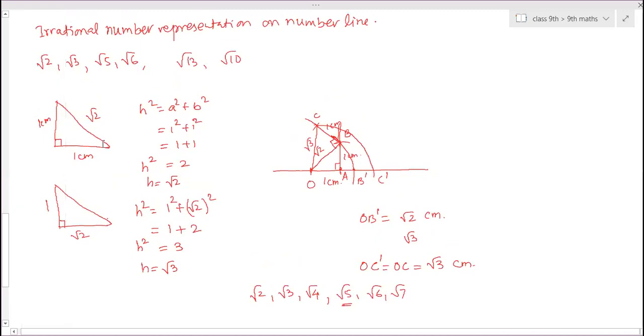Now, if you increase this to 2 centimeters base and 2 centimeters height, 2 square is 4 plus 4, you will get root 8, not root 2. Is it clear? Yes, ma'am. And if we took the base as 2 centimeters and the height as 1 centimeter, then we'll get root 5, right? Yeah, root 5.